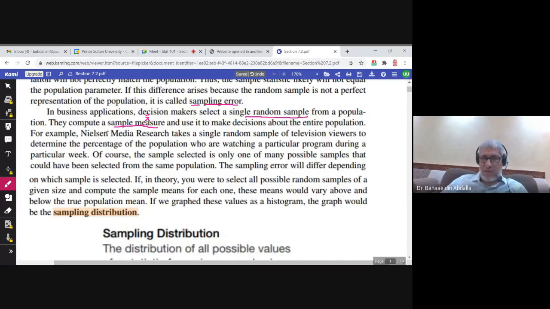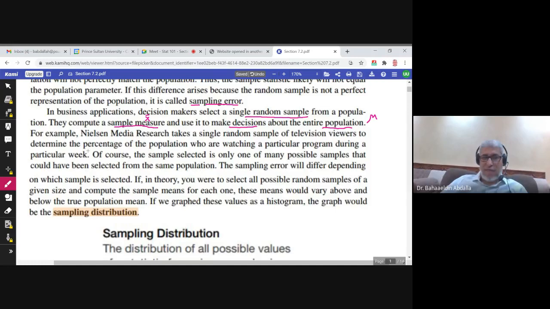This is very important now, and we will study this in chapter 8. Decision makers select a single random sample, choose a sample, and then they compute a measure, say X bar, and then they use X bar to make decisions about mu, about the mean of the population.